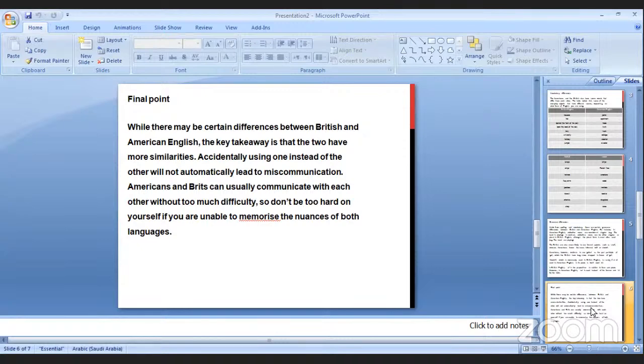Americans and Brits can usually communicate with each other without too much difficulty. So don't be too hard on yourself. You are renewing the memories and the uniqueness of both languages. Okay, that's great.